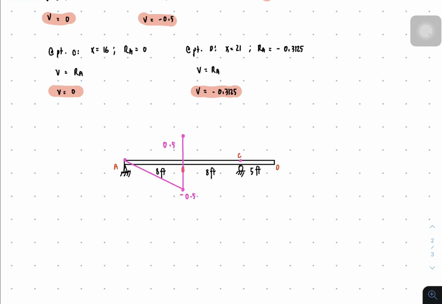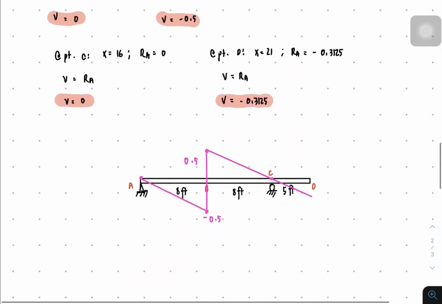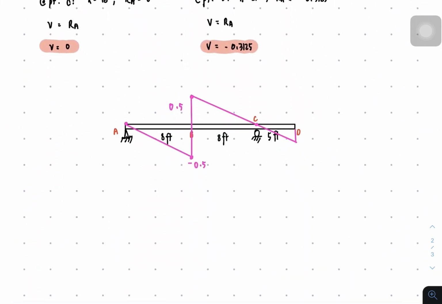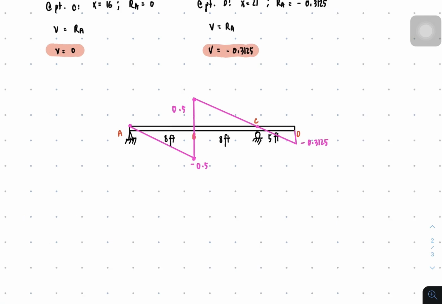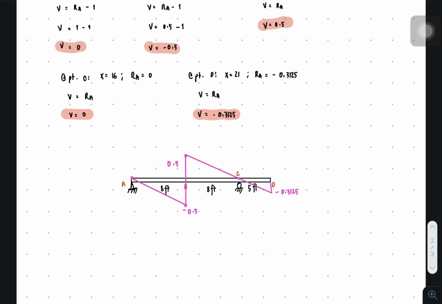And then at point D, it's negative 0.3125. So let me just traverse a line. Anyway, it's going to create a triangle. So this one here is negative 0.3125, and that is the influence line of shear at B.